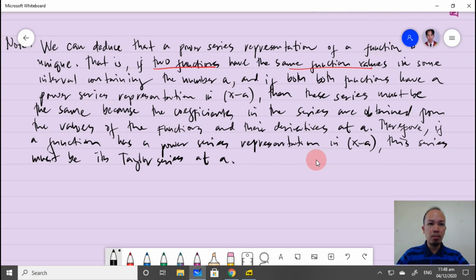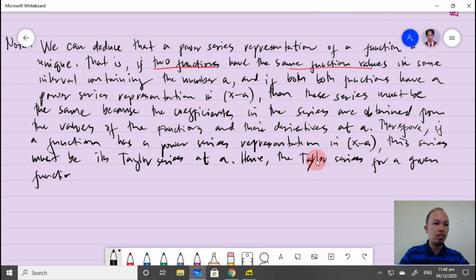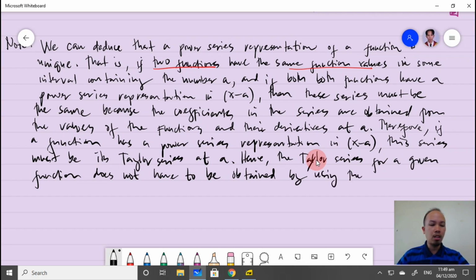So what does this mean? Hence the Taylor series for a given function does not have to be obtained by using the formula mentioned above.